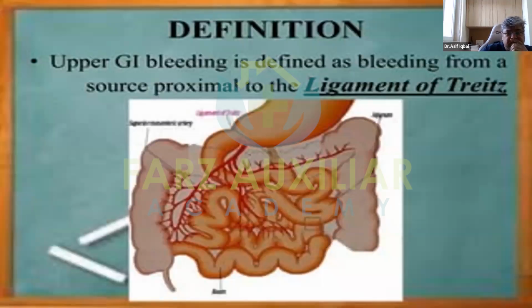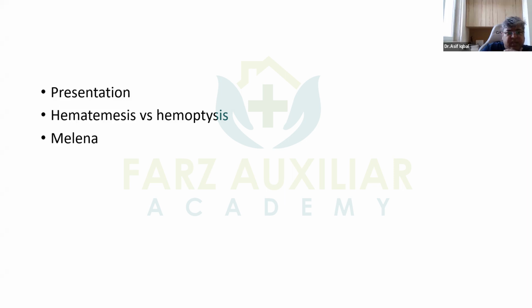Now coming to upper GI bleed. Upper GI means it is above the ligament of Treitz. You have to remember that upper GI bleed can present as coffee-ground vomitus, as melena, sometimes as frank bleeding, and sometimes as hematochezia.